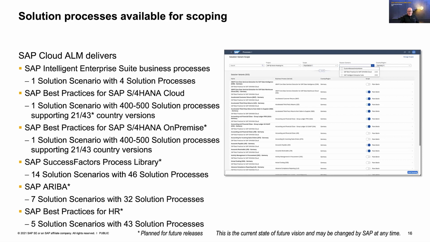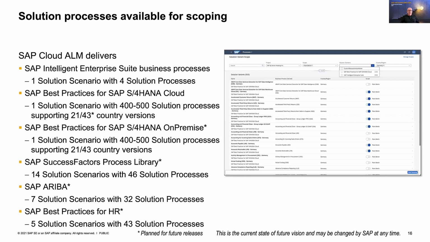So that's why I added a star here, because unfortunately you cannot see it if you enter the system right now, but hopefully you will see it soon. So we will add additional country versions, and we will add the on-premise scope. We will also add SuccessFactors content. And the SuccessFactors colleagues have two sets of processes.